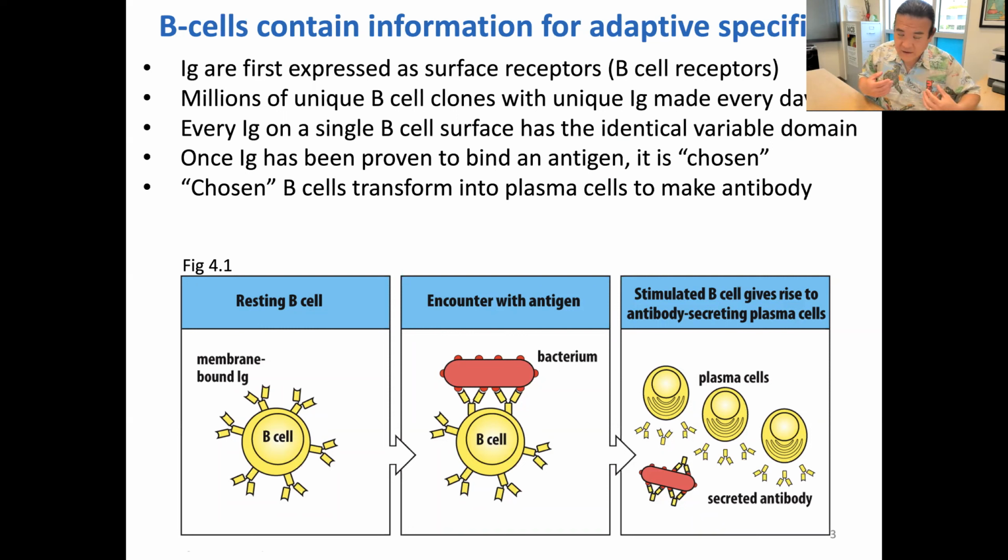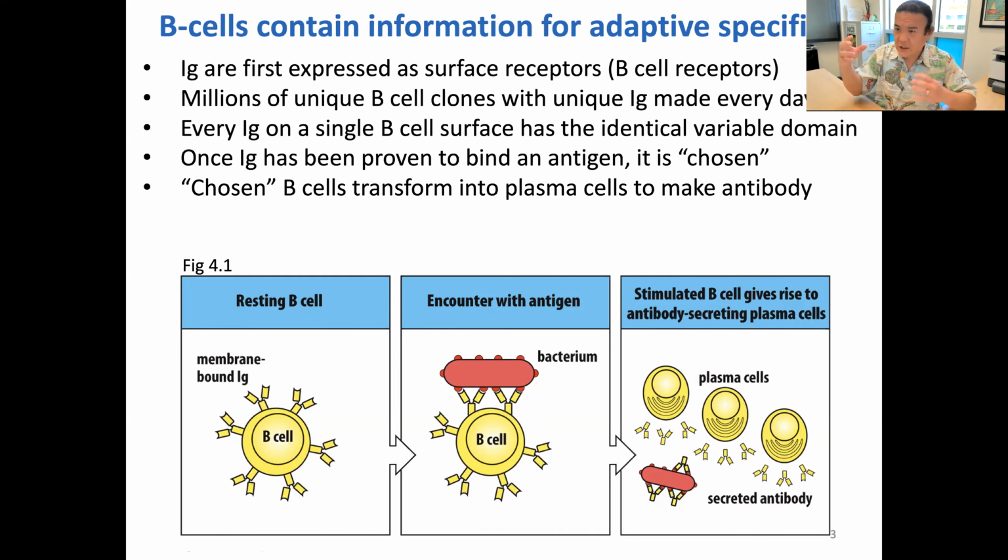Remember, because all of our immune cells, all of the cells that make up our blood, come originally from the hematopoietic stem cells in our bone marrow, including B cells. Every day, you have hundreds of millions of unique B cell clones coming out, each one with its own unique immunoglobulin shape on its surface. Right? And importantly, I say this again, all the immunoglobulins on one B cell are identical.